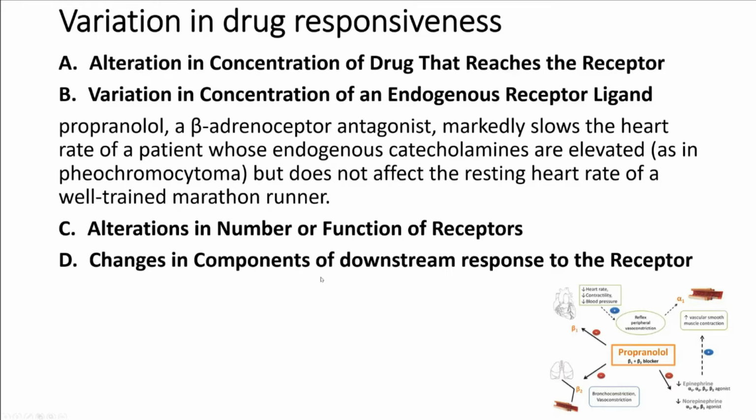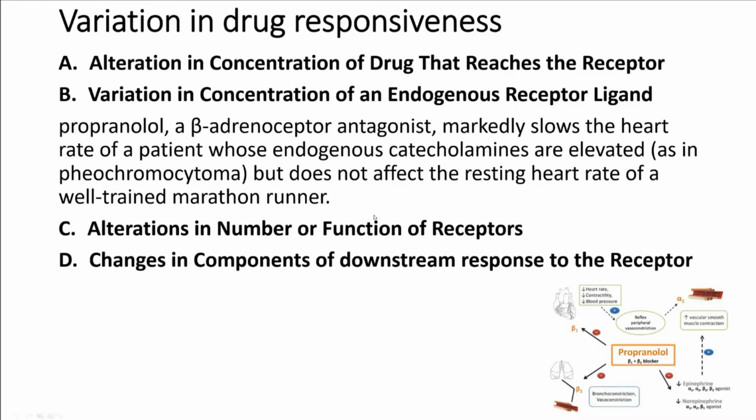And then D, the changes in the components of the downstream response to the receptor. Now, with a drug, depending on the individual, you could have a difference in expression of transcription factors or kinases or histone acetyltransferases or some kind of post-transcriptional or post-translational modification that is different in an individual, leading to different proteins being active to a different extent.